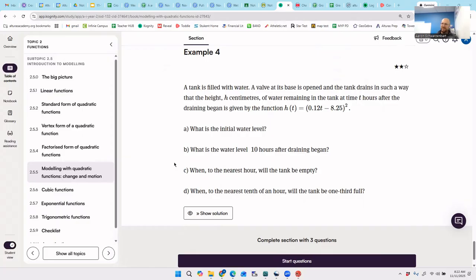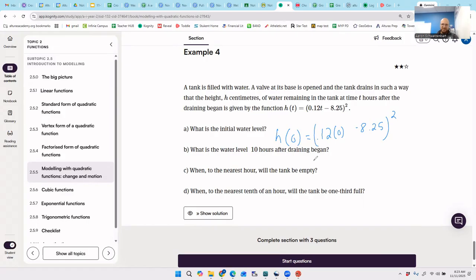How would I find that? You could just do h of 0 and plug in 0. So it ends up being 8.25 squared, 65 something.